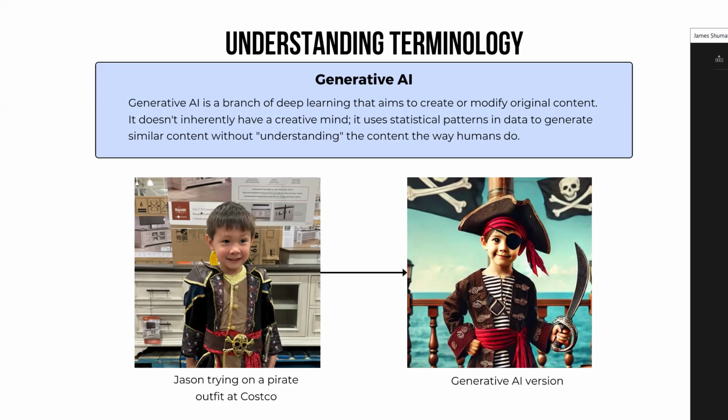You can see that the deep learning model used probably millions and millions of photos of what a pirate would look like. And that would include maybe a tricorner hat, sword, pirate ship, flag. No parrot, though, strangely enough. Maybe they're looking at a lot of Amazon Halloween costume photos.